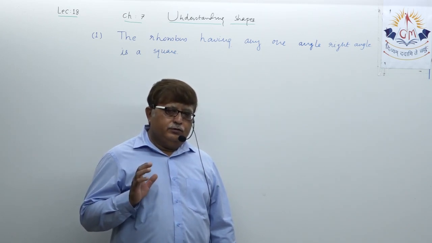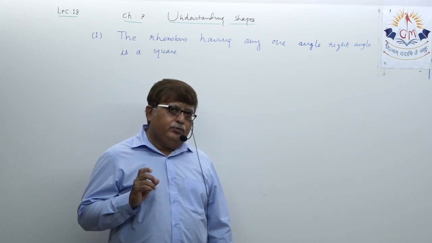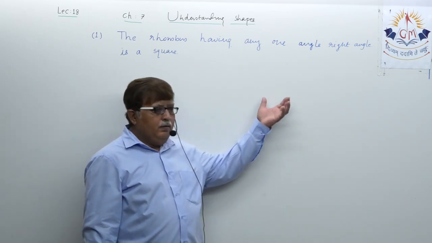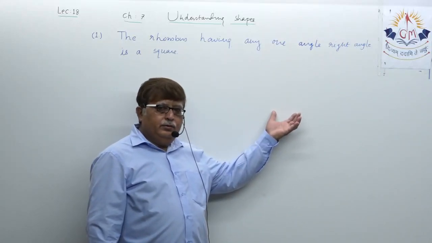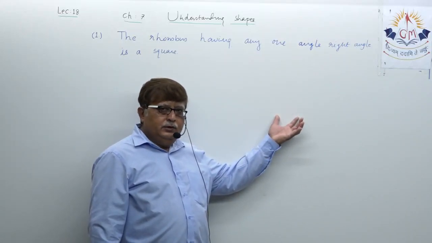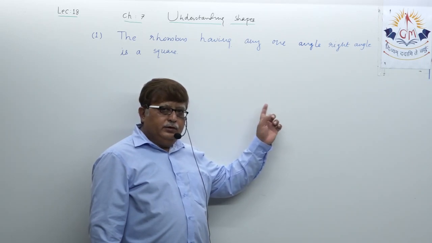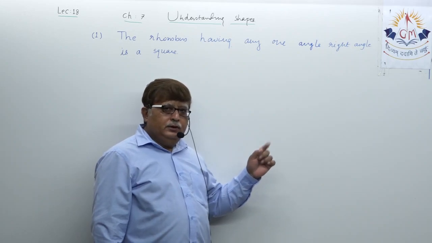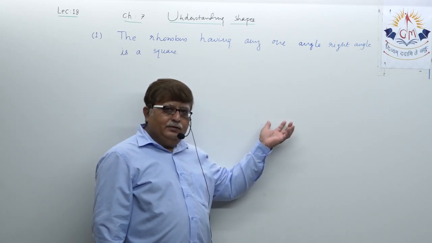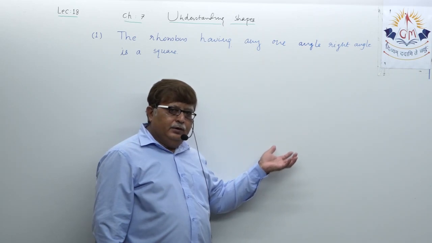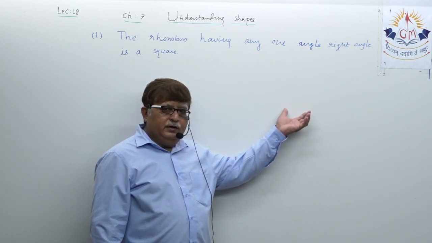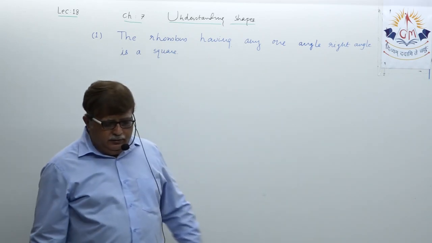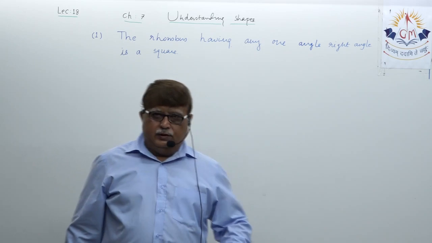This is what you have to prove. And now, dear student, when I draw the diagram, first we will definitely show a rhombus, and ultimately at the end of the rider we will erase the diagram of the rhombus and replace it by a square. That is our main target.